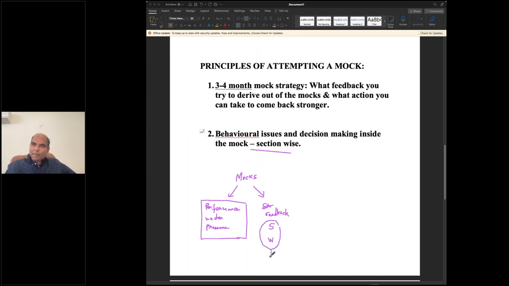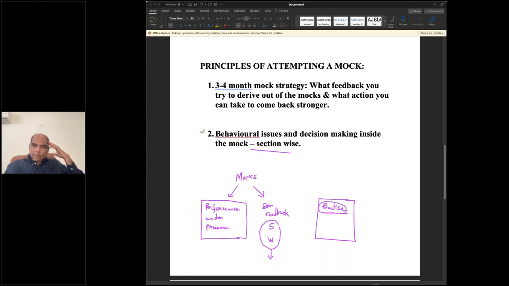And the third dimension is that mocks also give you very strong practice, if you have done your basic practice in shape. This kind of practice is closure to every area that you're looking at.